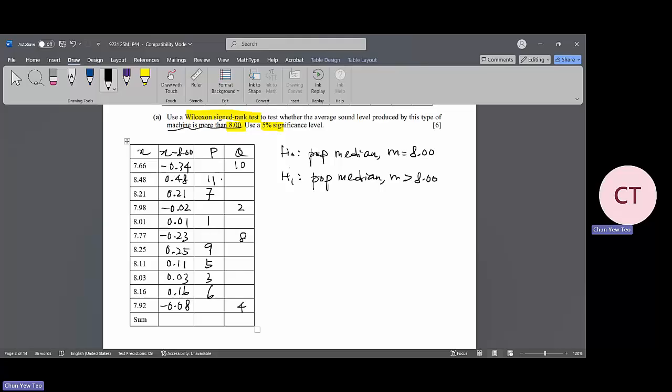Okay, so this is the rank that we have. So for P, we sum all together, you get 40. Then for Q, you sum all together, you get 24.